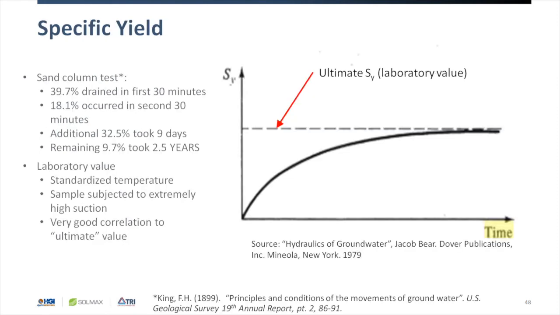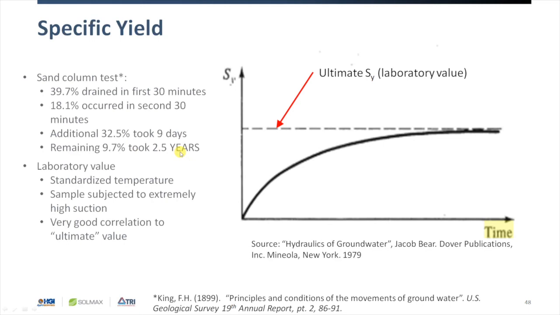To illustrate the time scale of this phenomenon, the person who discovered this property set up a sand column test where he saturated sand, put it in a column, and measured how much liquid drained out. He measured 40% in the first 30 minutes, then 18% more in the second 30 minutes. The additional third took 9 days, and the remaining last 10% took 2.5 years.